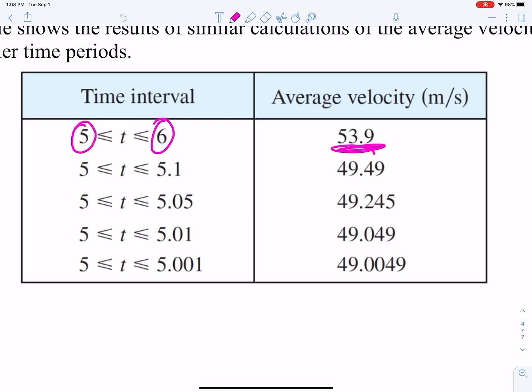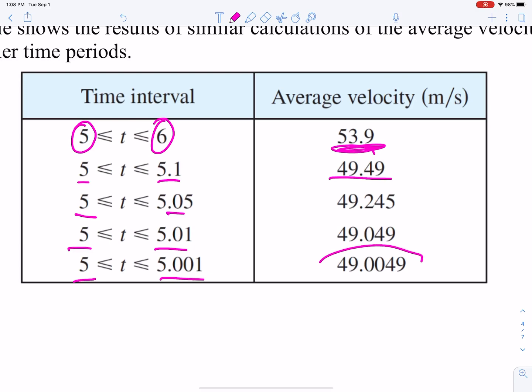So what we just looked at was making the interval 0.1 seconds, and we got that slope of 49.49. Let's make that interval even smaller: 0.05 seconds. Even smaller, 0.01 seconds. Even smaller still, 0.001 seconds.